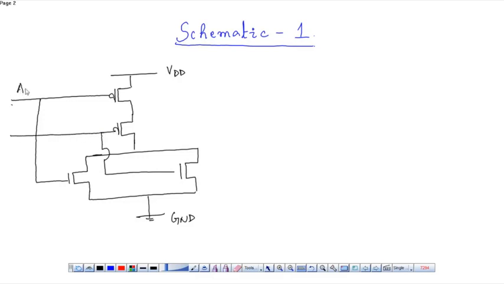So this is A and this is B. This is my PMOS 1, PMOS 2, NMOS 1 and NMOS 2.